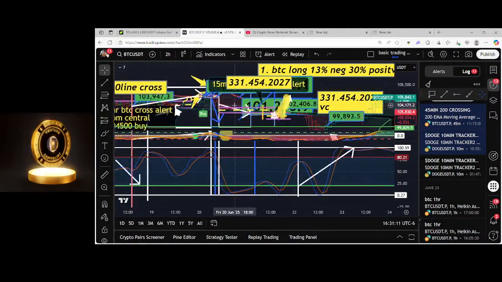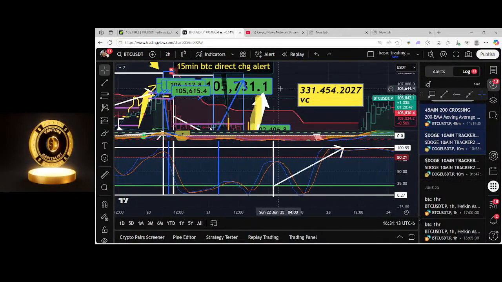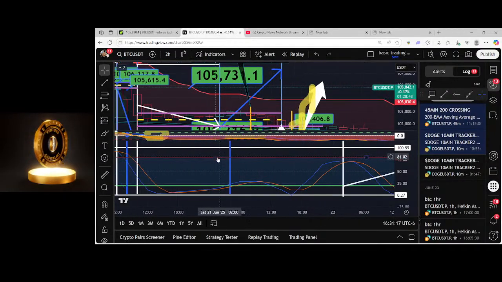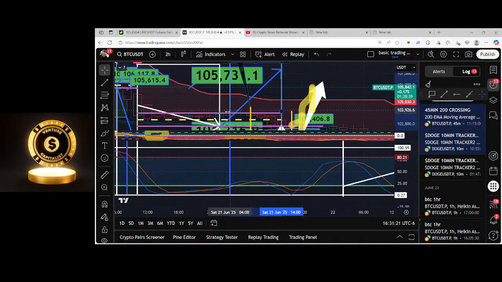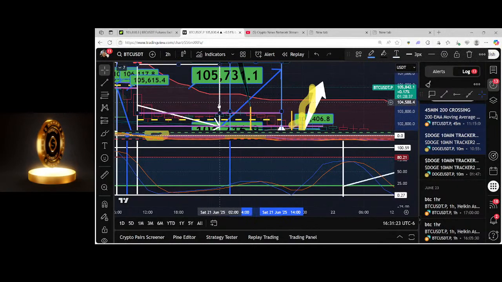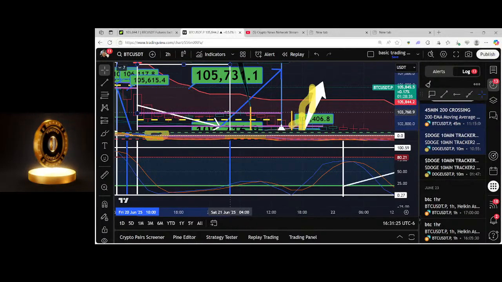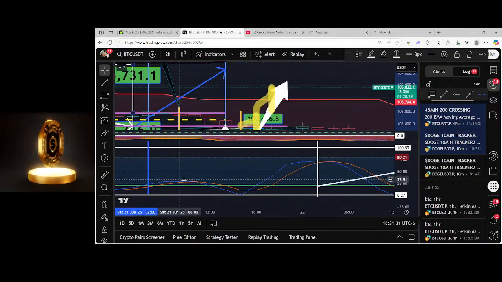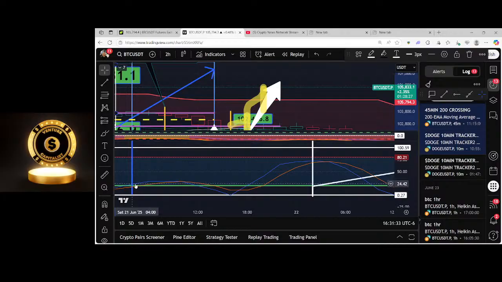Here we can see that we were getting our blue box, and this is where the blue box broke the 20. We're going to rotate this over to here. This is when the 2-hour broke the 20. On the 2-hour, you see how the RSI came up and came back down.